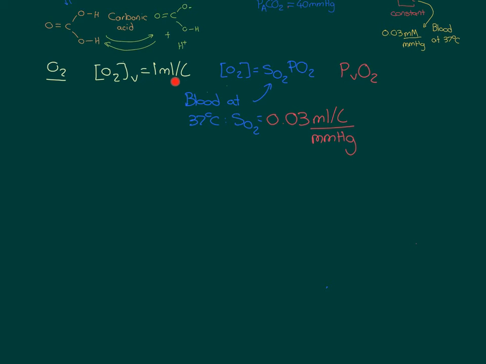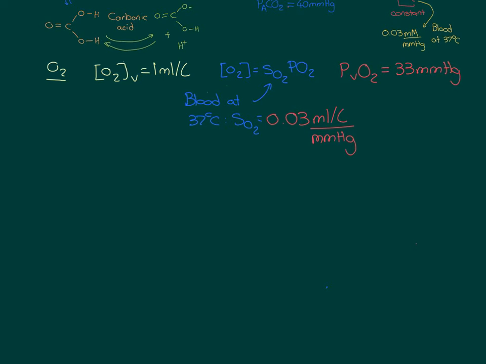We've got 1/3 of that, we've got 1 milliliter per litre, so it's going to be a partial pressure 1/3 of 100 millimeters of mercury, which is approximately 33 millimeters of mercury. So 33 millimeters of mercury is approximately the partial pressure of oxygen in the venous blood.